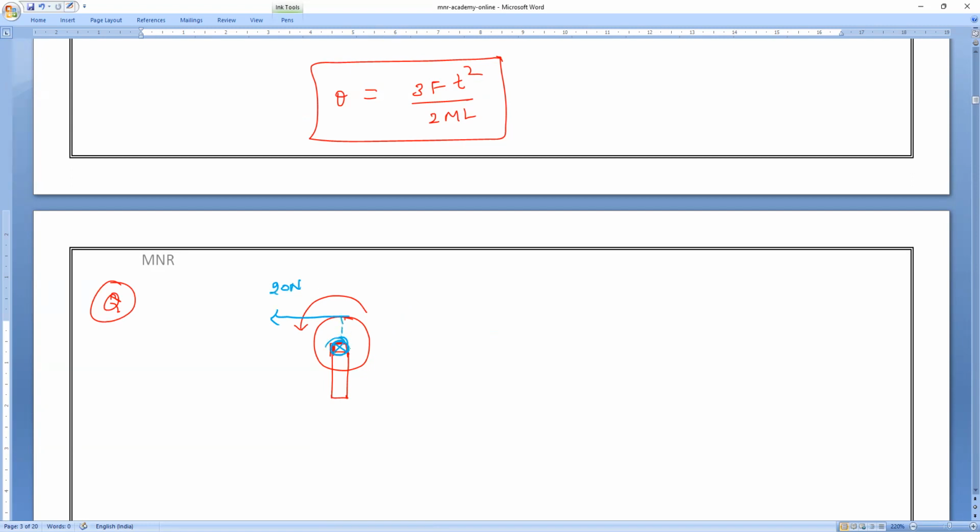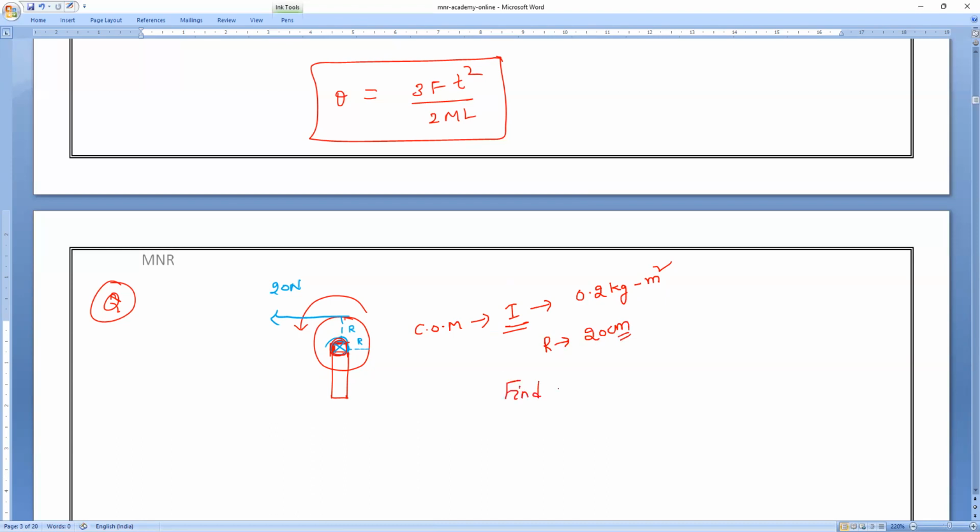From the center, on every side, what remains constant? R remains constant. The moment of inertia at the COM is 0.2 kilogram meter square, and the radius is 20 centimeter.